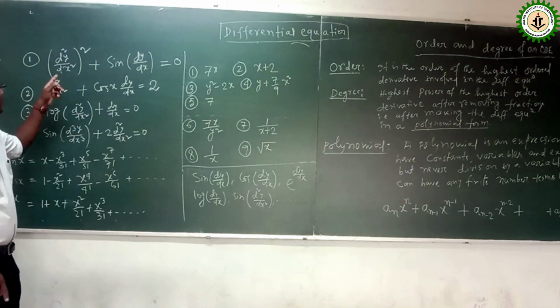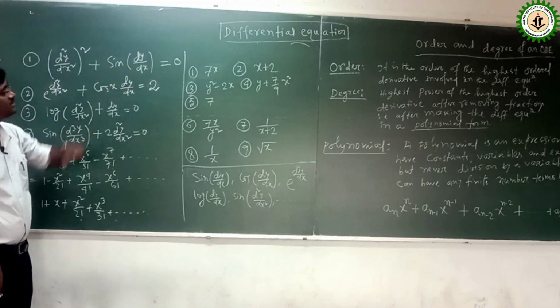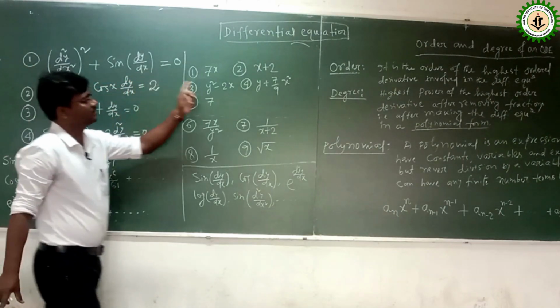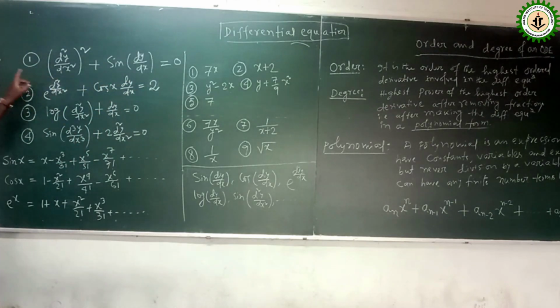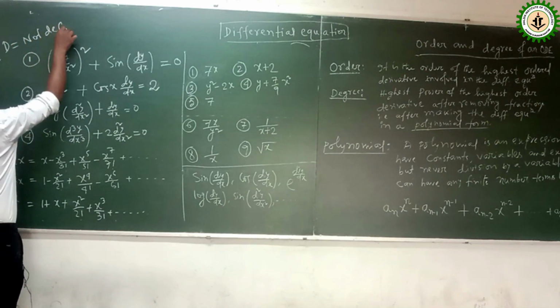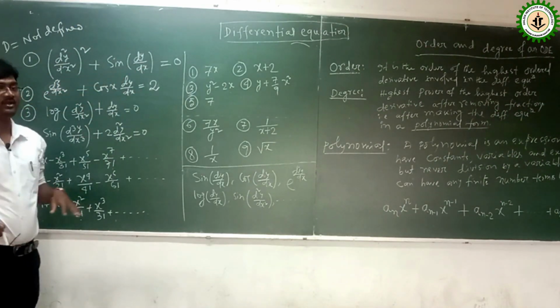So the degree of this differential equation is not defined, because this violates the definition. Thus the order of this differential equation is 2 and the degree is not defined.